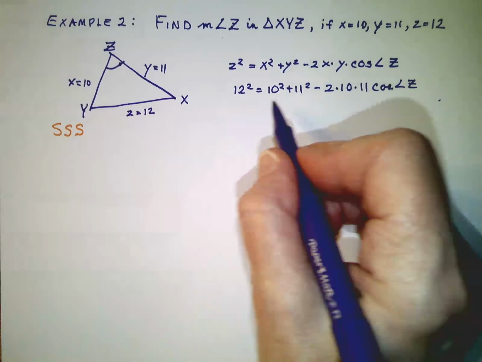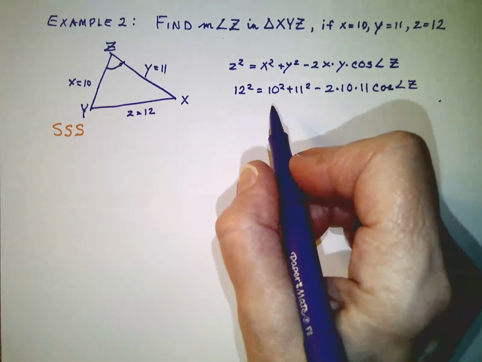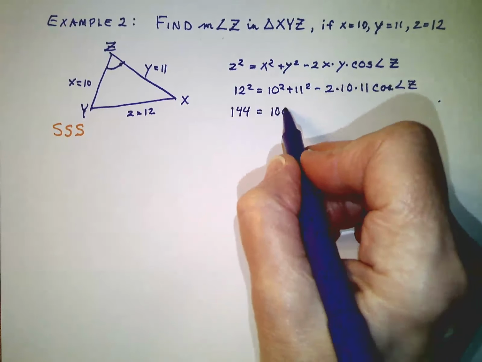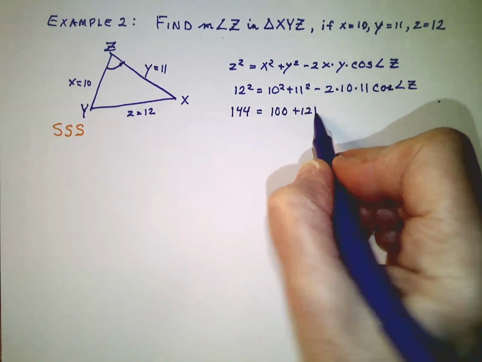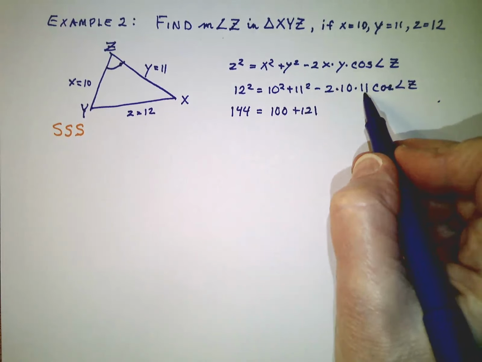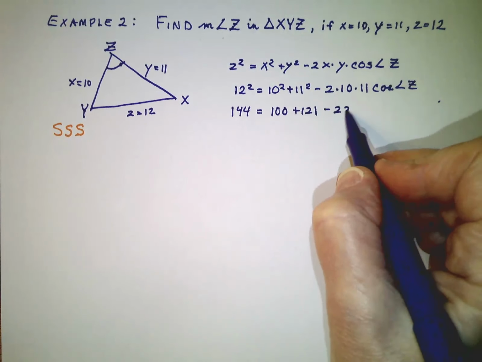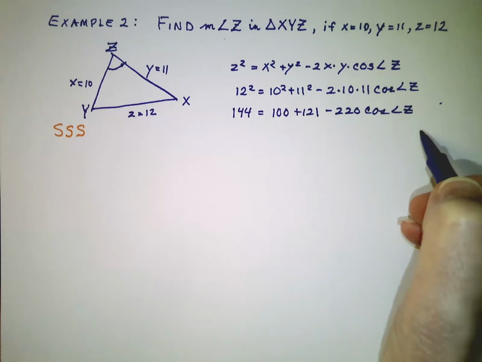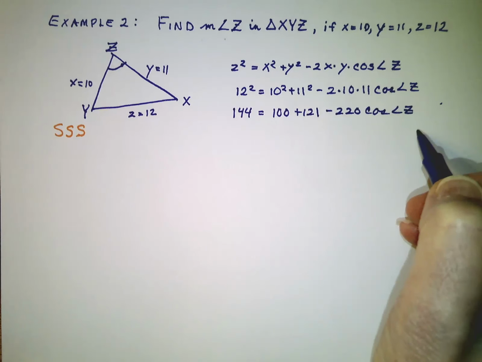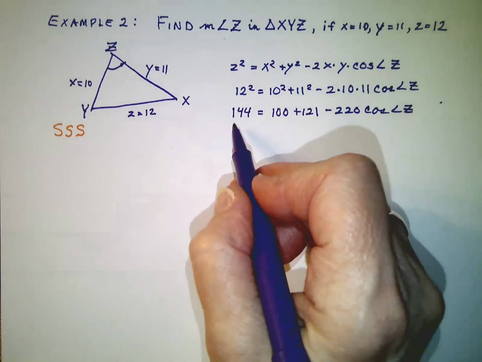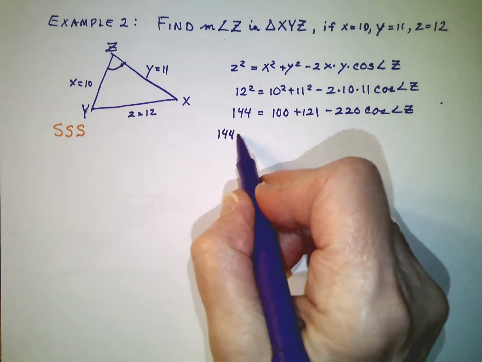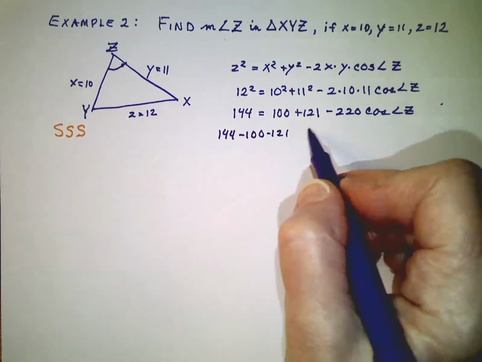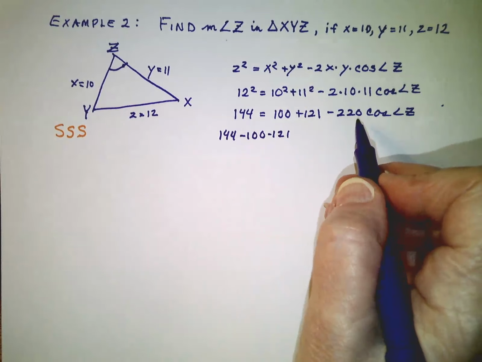You could do most of this in the calculator. I want to write out some of the steps here. And then 2 times 11 is 22 times 10. So you could put in the calculator 144 minus 100 minus 121, and then stop there. Do not add 220.